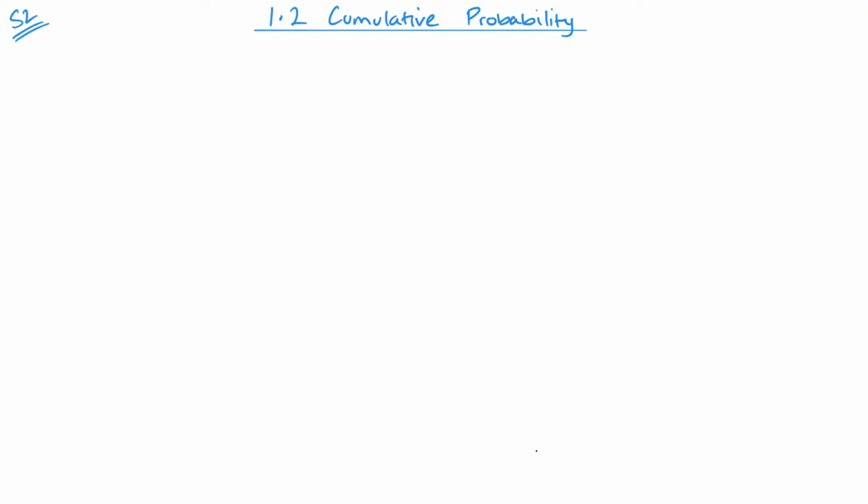If you're not aware, cumulative probabilities are when we look at things like x is less than or equal to 5, or finding probabilities like x is greater than 3, and so on. Now, one thing to remember with binomial is discrete data.